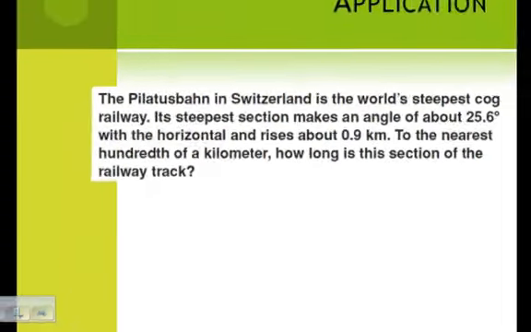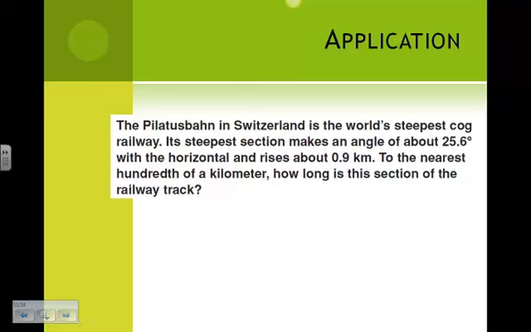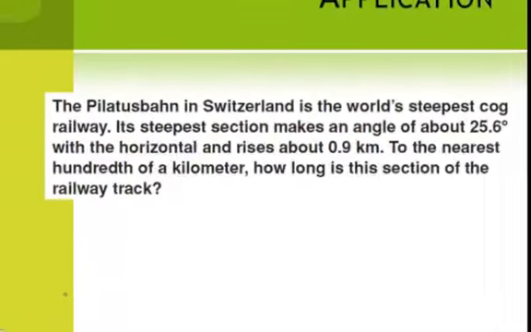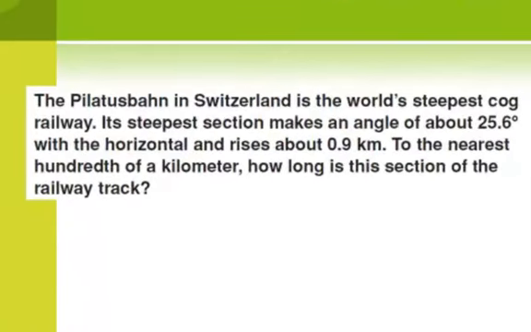Now we're going to use what we know about trig to solve this application problem. It's talking about a railway that is relatively steep. It's the world's steepest, and it rises at an angle of 25.6 degrees with the horizon. So starting here, it starts to rise at an angle with the horizon of 25.6 degrees.